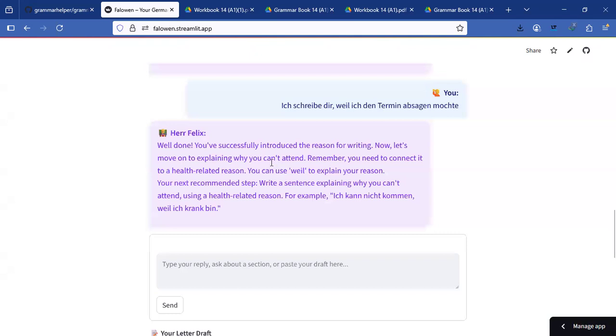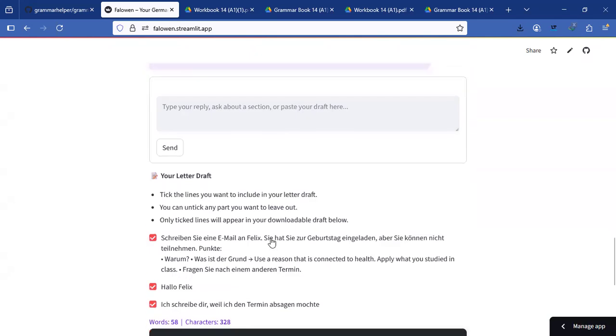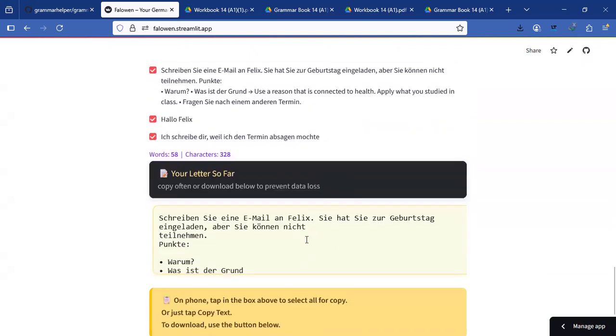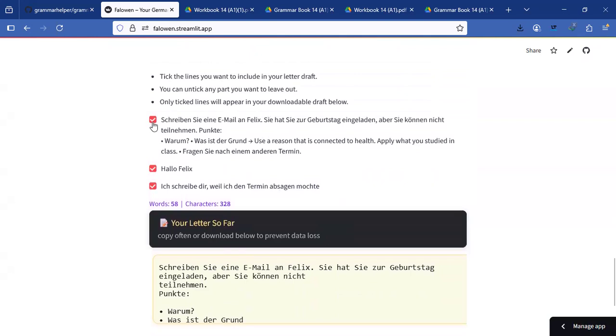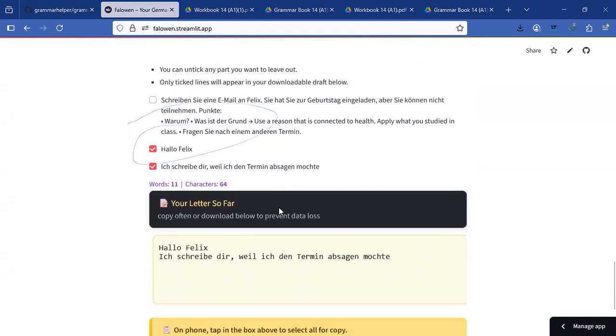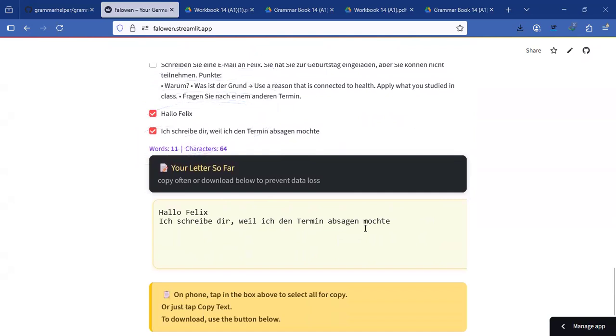So it's going to tell you the vibe and give you your further steps. So the one I just wrote is this one. So it's building for me, right? So if I don't need this one, I just untick it here, right? And now I'm just left with this one here.